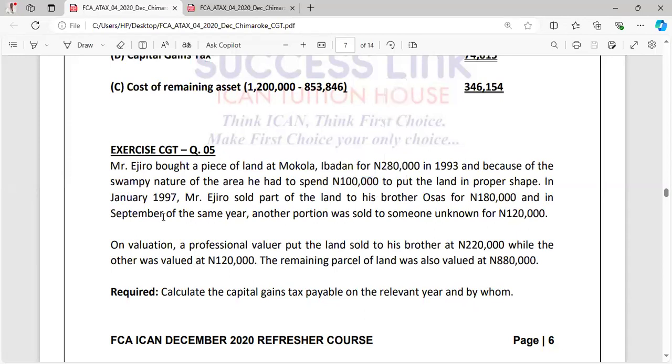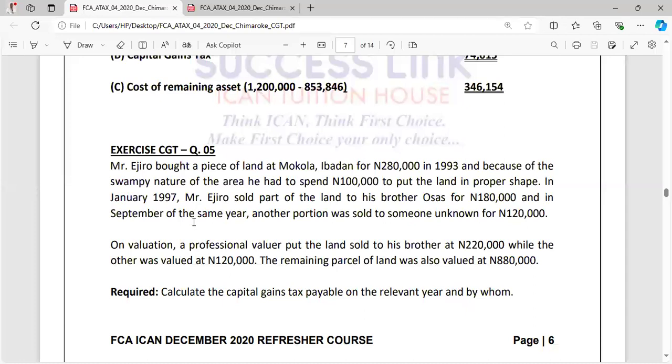In January 1997, Mr. Ejiro sold part of the land to his brother Osas. Now, he sold part. Now, 1997 becomes what? It becomes the year of relevance for chargeable gains.